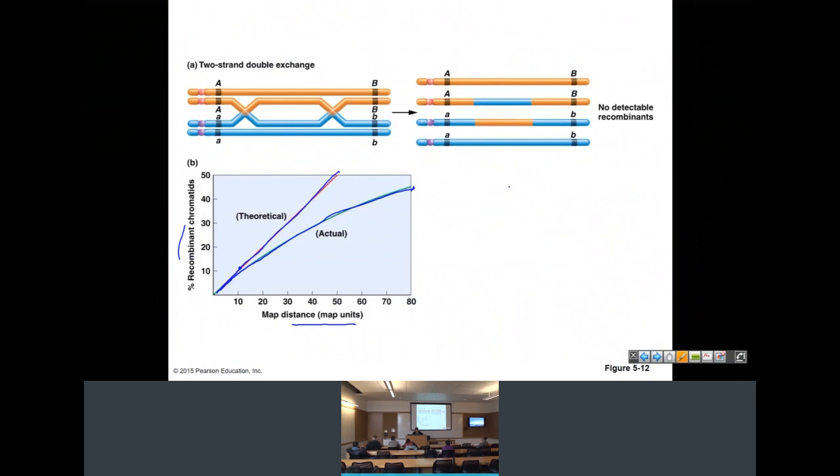And another thing that's very interesting, if you just happen to look at this 2-strand double crossover. So you're starting off with big A, big B, small a, small b. There's a double crossover between these two genes. Guess what? It looks as if there's been no crossover. There's nothing detectable because the distance between the genes is so far apart.